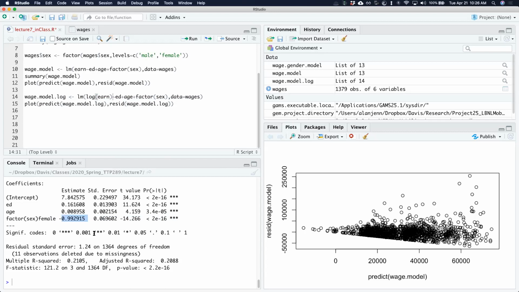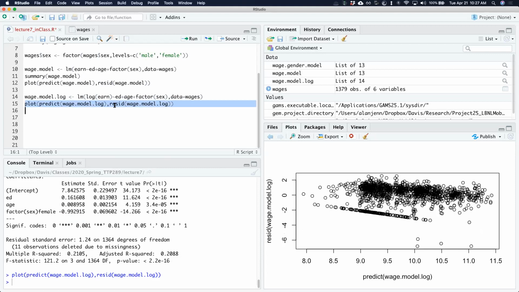These are a little bit less intuitive to interpret. You'd have to essentially do the conversion from the log in order to be able to interpret that. In this case, our residuals look a lot better, especially with respect to the heteroscedasticity, but you still have some issue with these cutoff points.